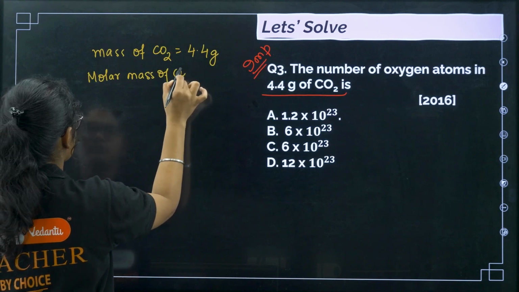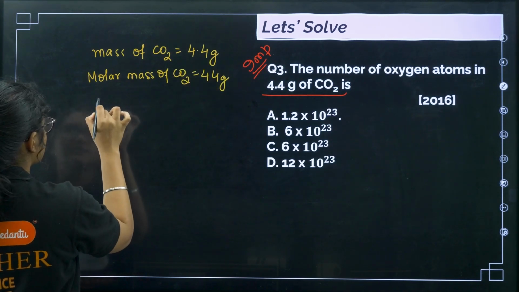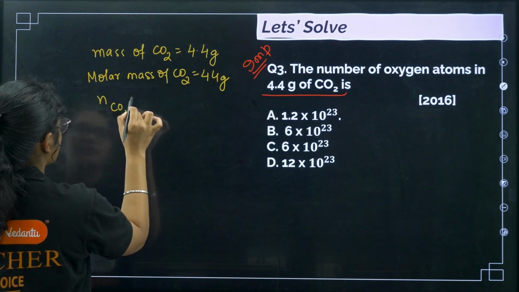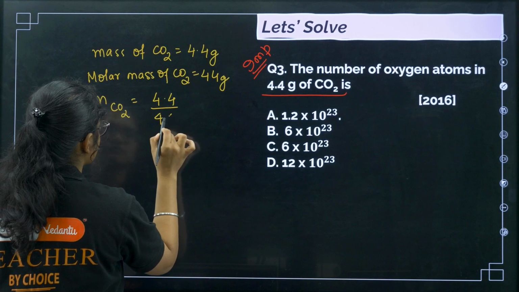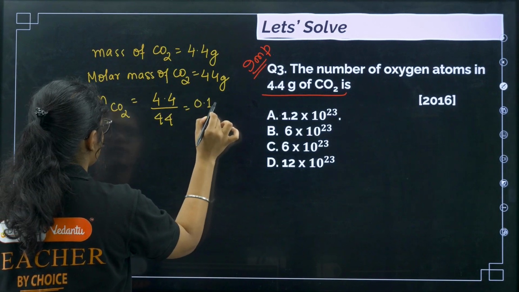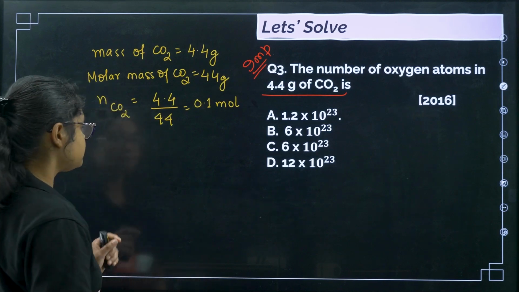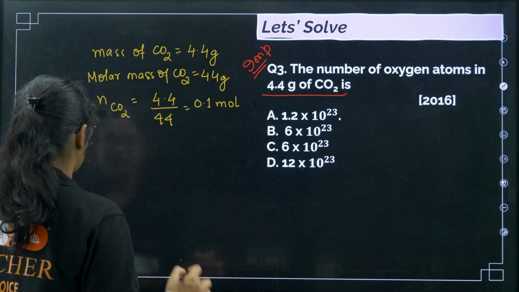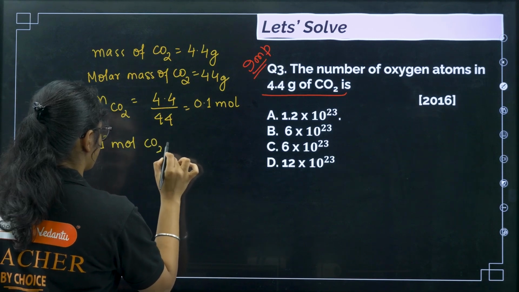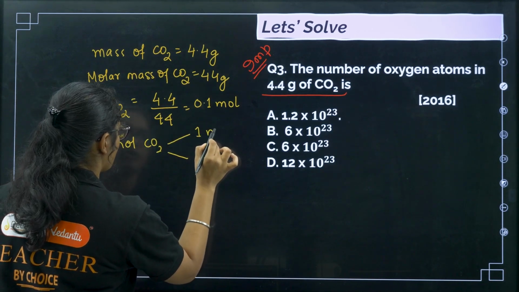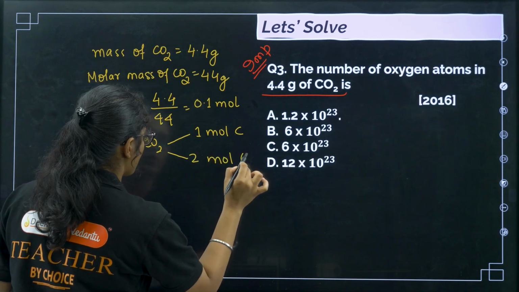If you just add 12 plus 32, it is 44 gram. Okay, next, number of moles of CO2, given mass by molar mass. So given mass is 4.4, molar mass is 44. I'll get 0.1 mole, right? Now, in 1 mole of CO2, there is 1 mole of carbon and 2 moles of oxygen.